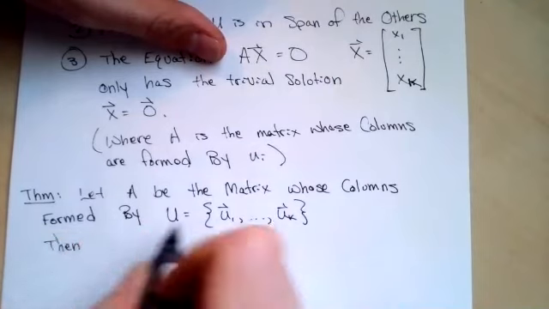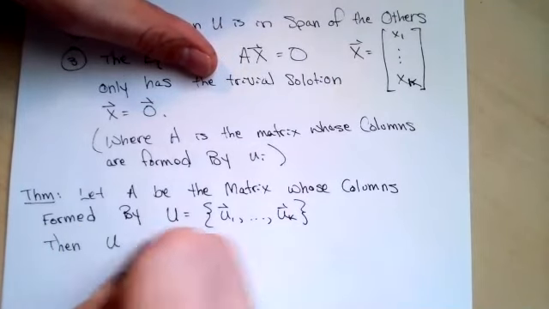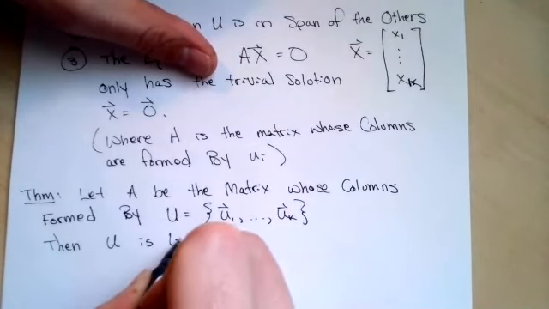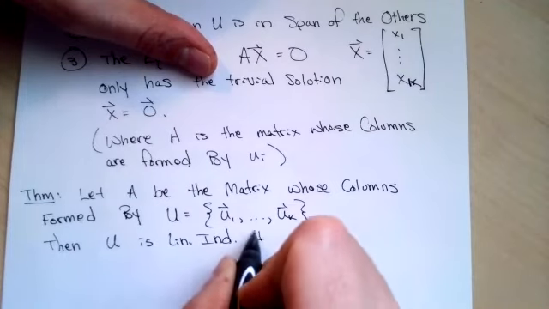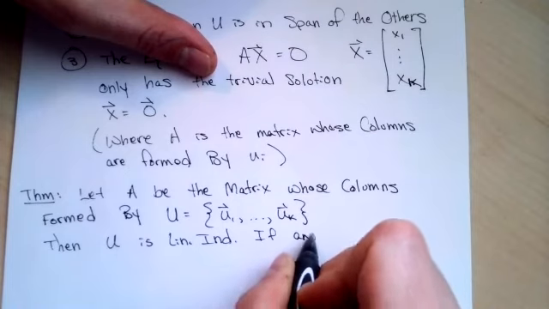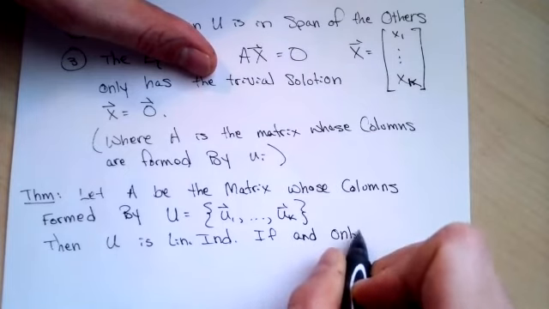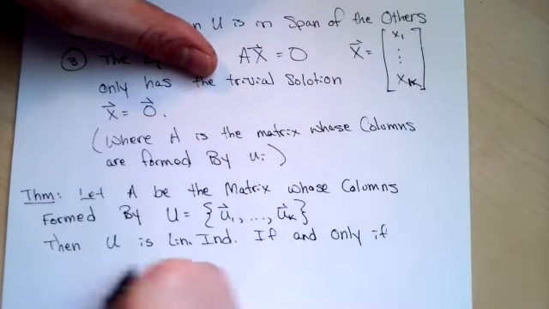Then the set is linearly independent if and only if A is invertible.